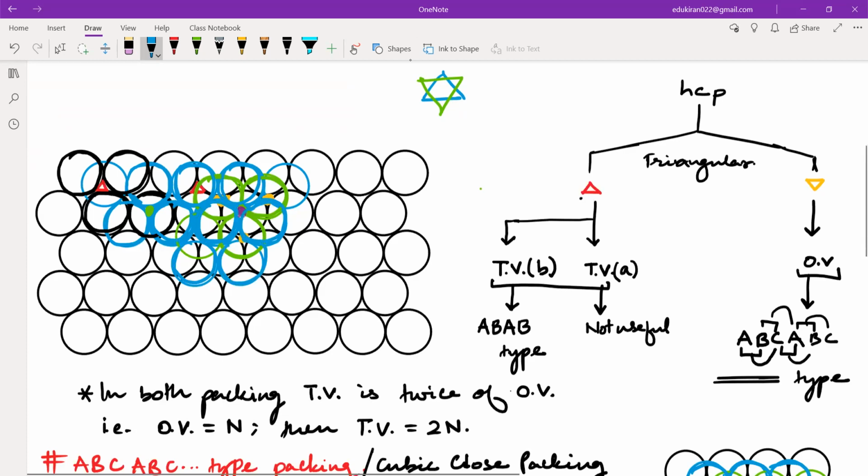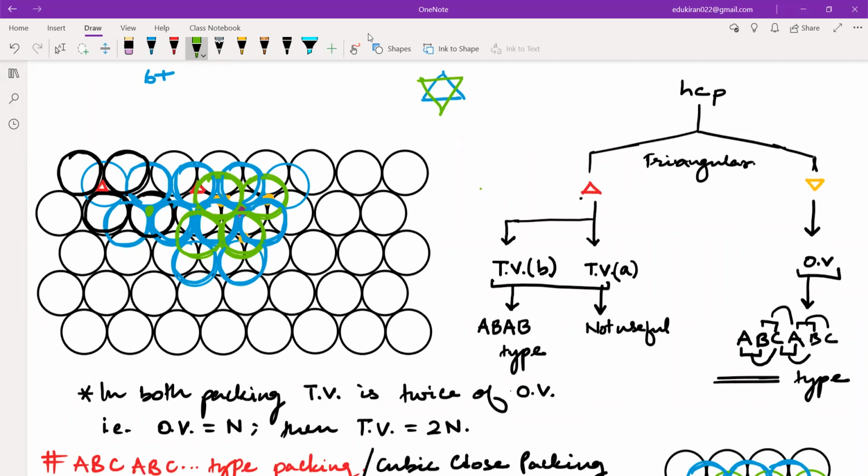Yes, sir. Okay, so 6 blue. Now plus, it is also touching 3 green atoms on the top layer, yes or no? Yes, sir.